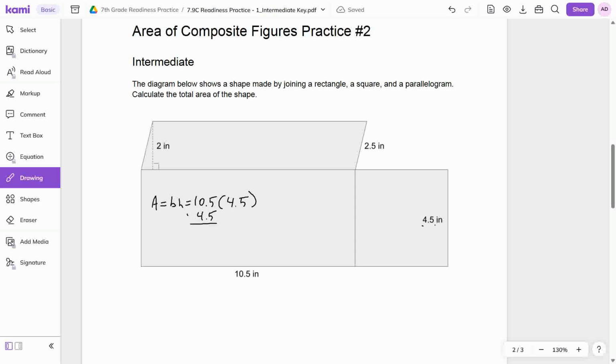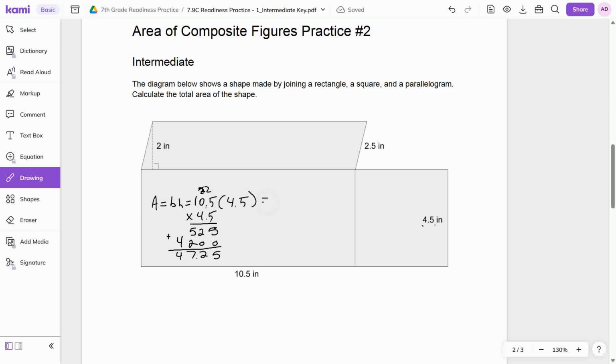10.5 times 4.5, and that's going to be 25. That's 0, that's 2, and that's 5. And then let's get 20. And that's 0, that's 2, and that's 4. So that's going to be 5, 2, 7, 4. And I've got 2 digits behind the decimal, so I need 2 digits behind the decimal.